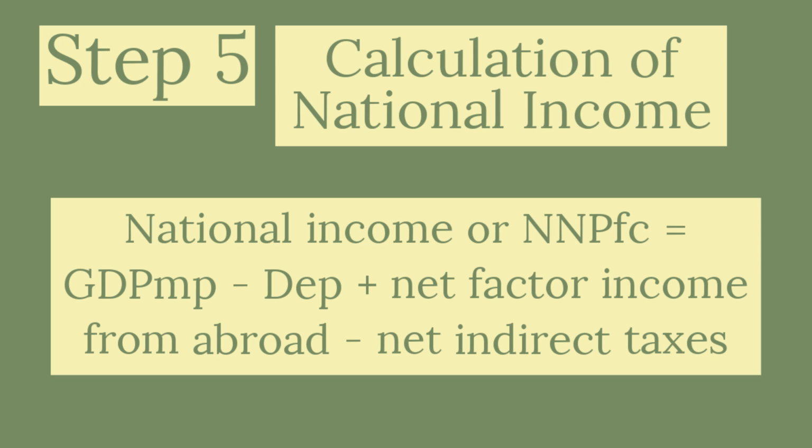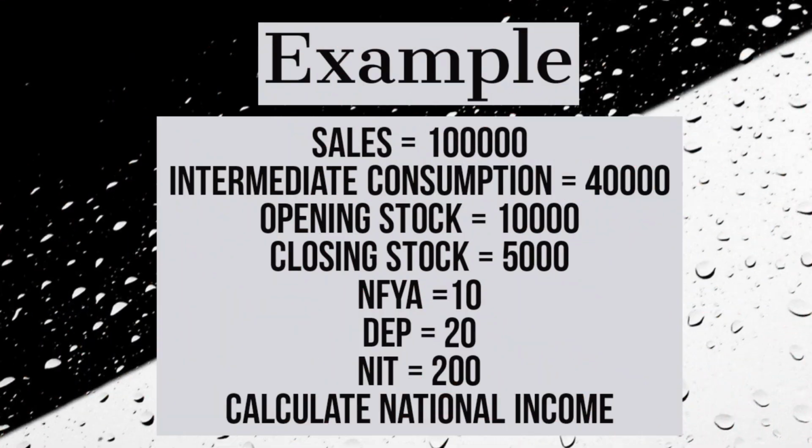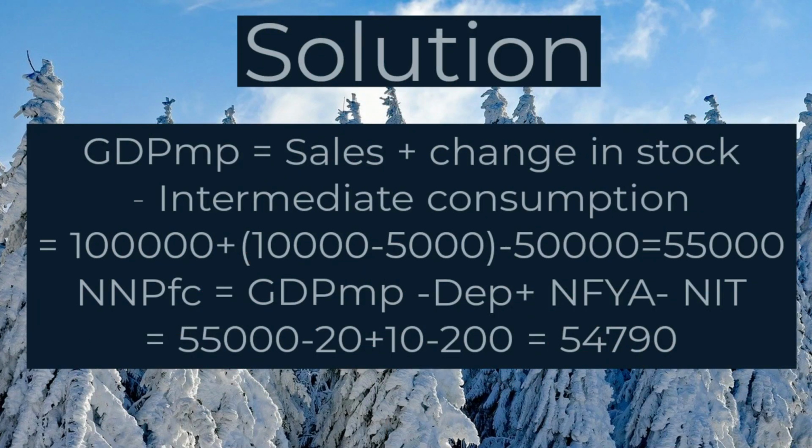that is NNP-FC. For example, if the sales are 1 lakh, intermediate consumption is 40,000, opening stock 10,000, closing stock 5,000, net factor income from abroad, that is NFYA, is 10, depreciation is 20, and net indirect taxes are 200, then how will the national income be calculated? Firstly, we will calculate GDP-MP. The formula will be value of output minus intermediate consumption, and value of output refers to sales plus change in stock.